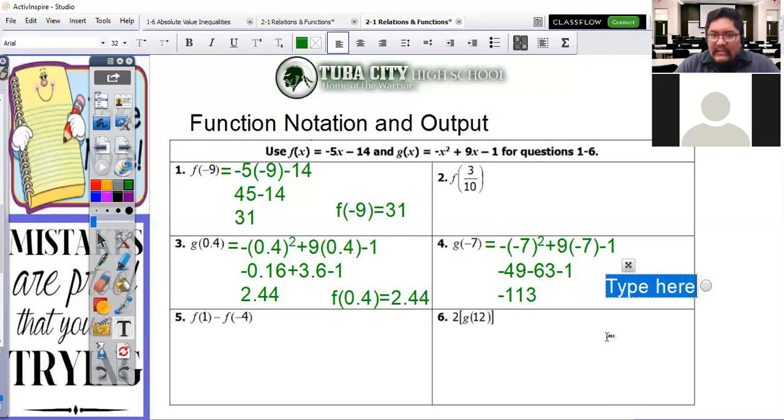So I think we're done with this one. Let's go ahead and put in g of -7 equals -113. So again, if my input is -7, my output will be -113.